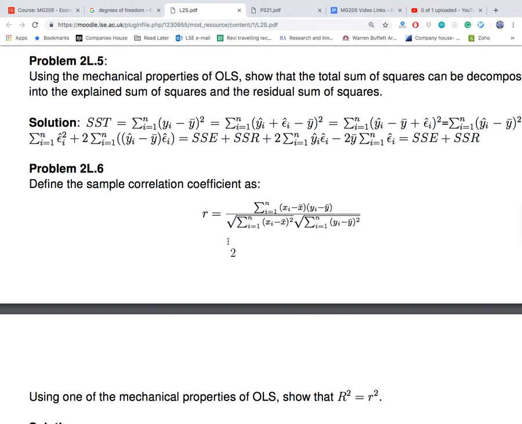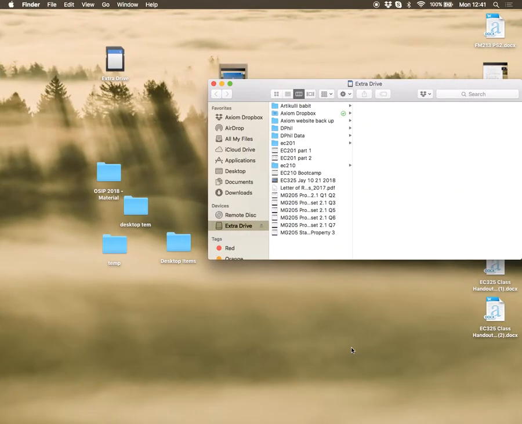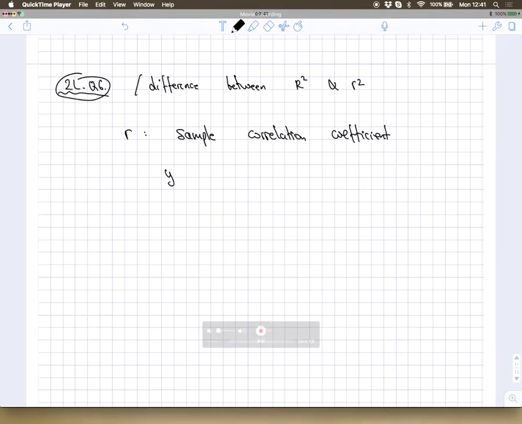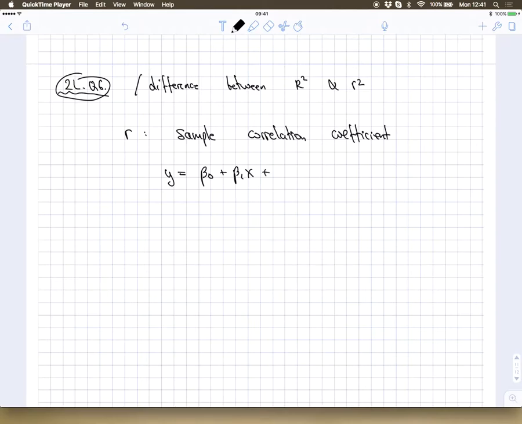And in this problem, in the simple linear regression model, where we have y is equal to beta 0 plus beta 1 x plus epsilon, it turns out that this small r square is equal to the big R square. So you might wonder, oh, but what is this, right?